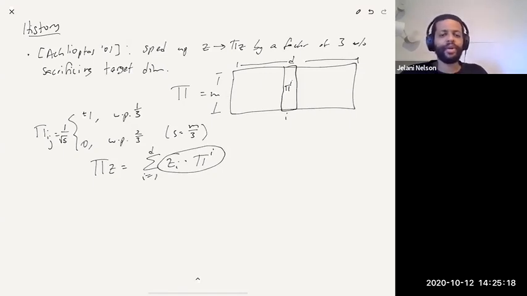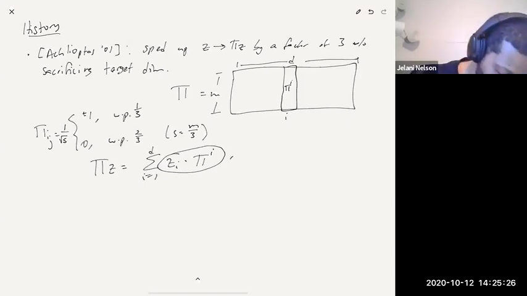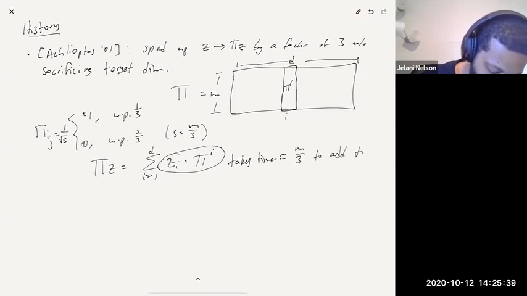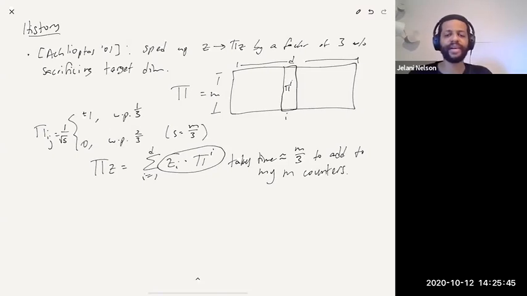So if only m over 3 of the entries of pi i are non-zero, then this takes time roughly, let's say, m over 3 to add to my m counters. So you're saving a factor of 3 there.